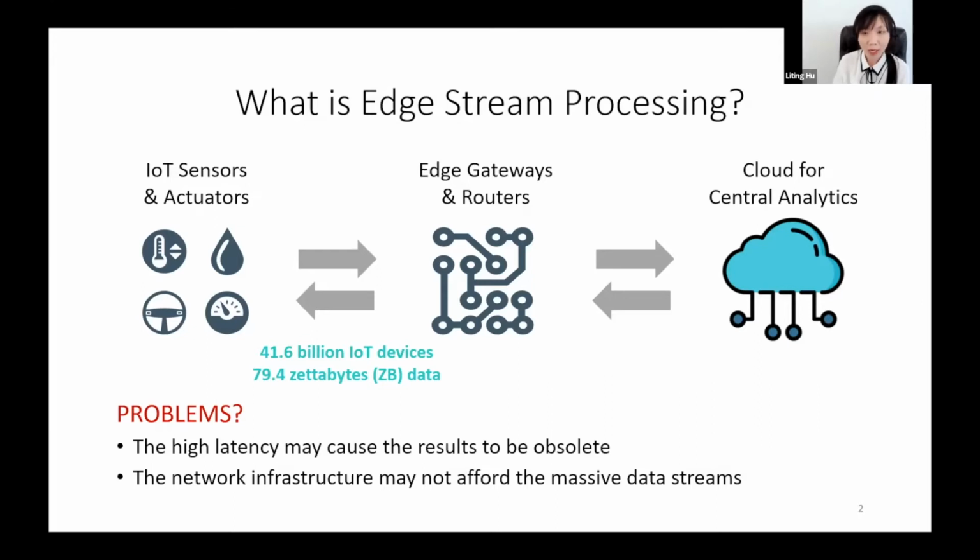For example, the high latency may cause results to expire. The network infrastructure may not be able to afford these massive data streams. It is expected that in 2025 there will be over 40 billion connected IoT devices generating over 79 zettabytes of data.